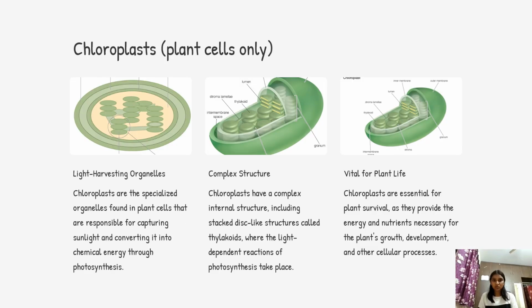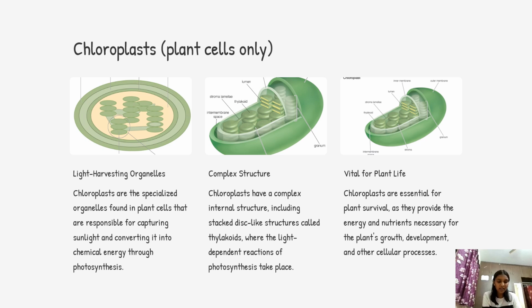Chloroplasts, which are also known as plastids, are light harvesting organelles with a complex structure, and are vital for plant life. Chloroplasts are the main sites of photosynthesis, found only in plant cells, that is, only in eukaryotic cells.